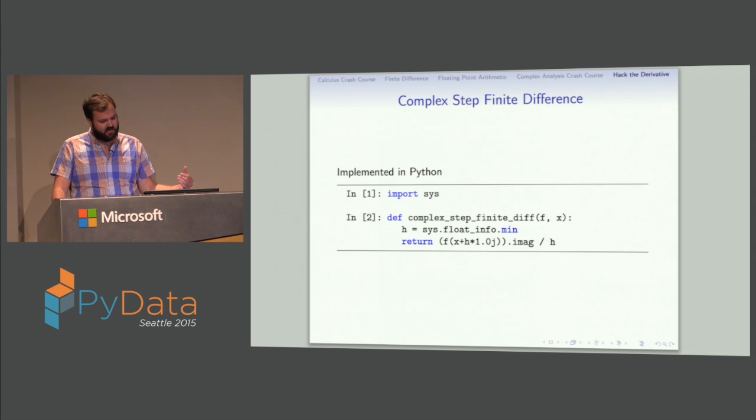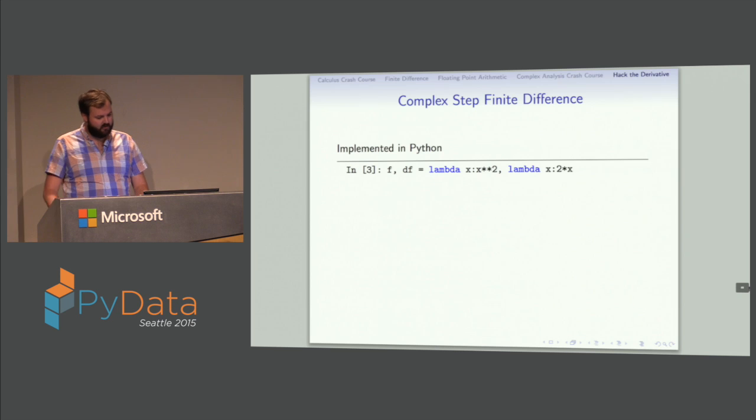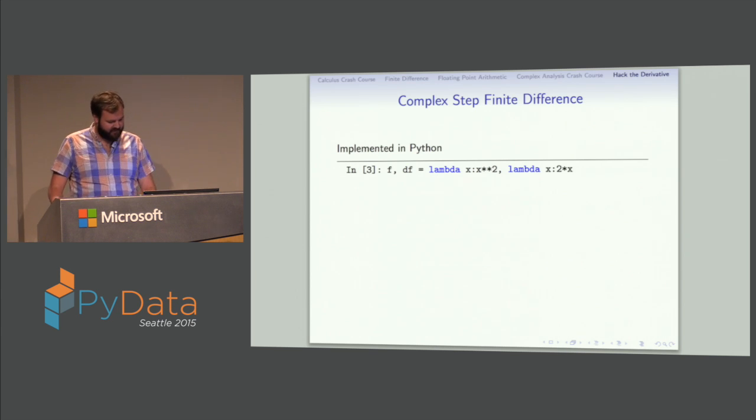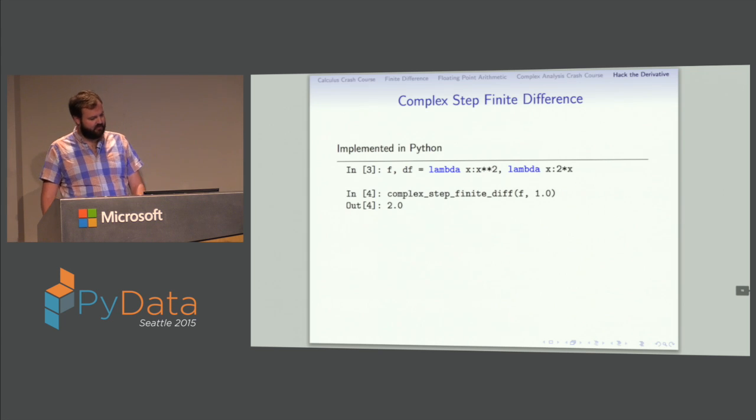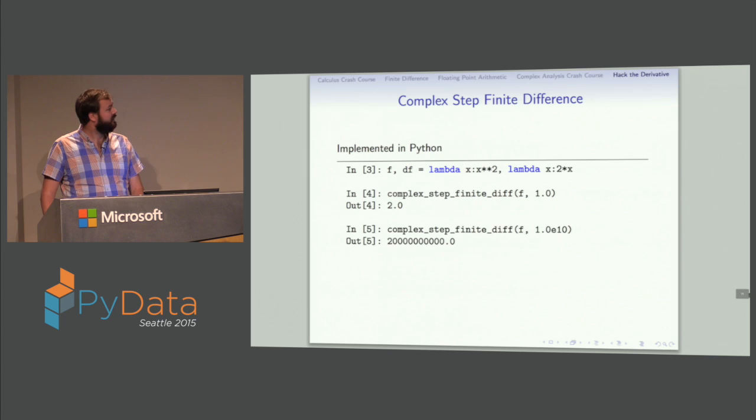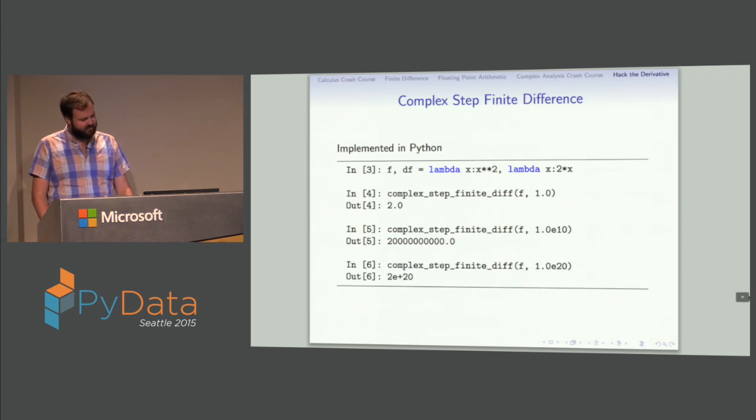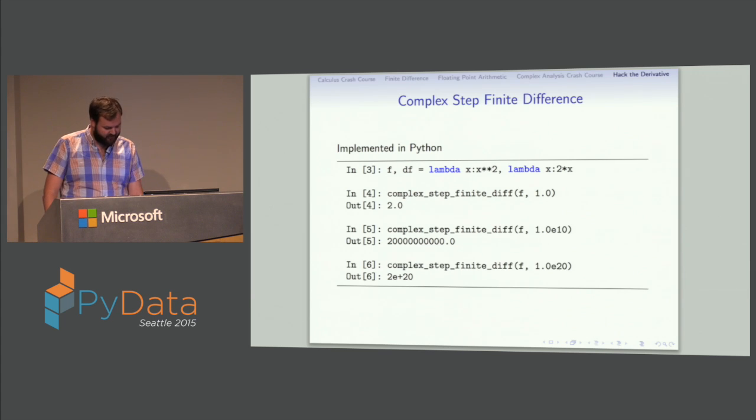So we can take this min float and use it as the step in the imaginary direction. If we do that with our original functions and plug that in, we get 2.0, and 2 with the right amount of zeros, and 2 again with the right amount of zeros. So those are exactly right.